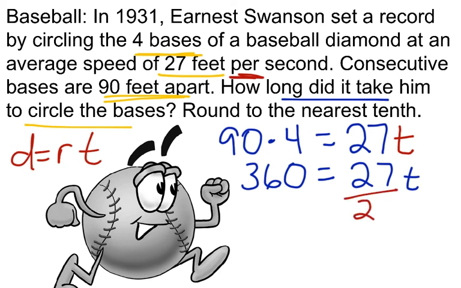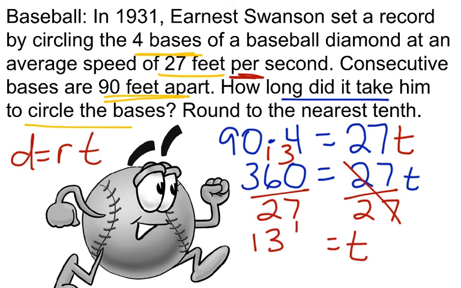So in order to do this, I have to isolate my t. I need to divide both sides by 27. 27's cancel out, so I'm just left with t equals, and 360 divided by 27 is going to give me 13 1/3, because I'm going to get a repeating decimal of 0.33333 forever.